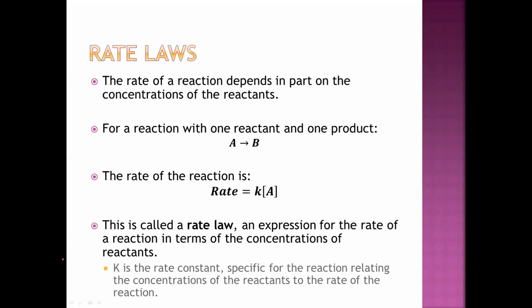So anytime that you see brackets, that really means concentration, which we talked about in chapter 16 and in chapter 17. And our concentration will probably be molarities. Okay, so that would be moles divided by liters. So in total, the rate law is the rate is equal to K times the concentration of the reactant. Okay.